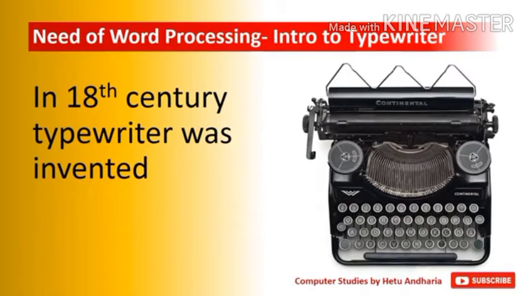Here you can see the image of a typewriter, and you may have seen this type of typewriter in olden movies. Especially it was used in the court to type legal documents. In the description of this video, I have put the link of a video of how a typewriter works, so you can see that.